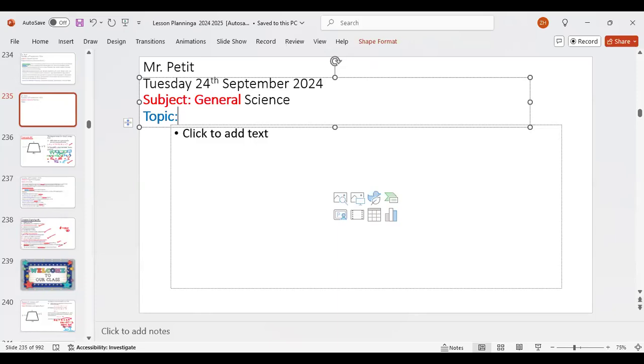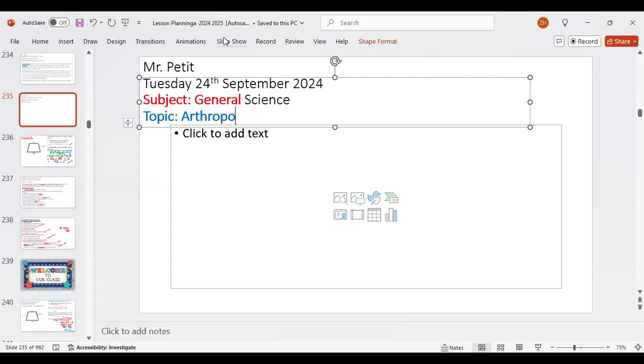For general science, we are done with all of our invertebrates. We talked about 5 classes of vertebrates. What were they? Fish, birds, reptiles, amphibians, and mammals.